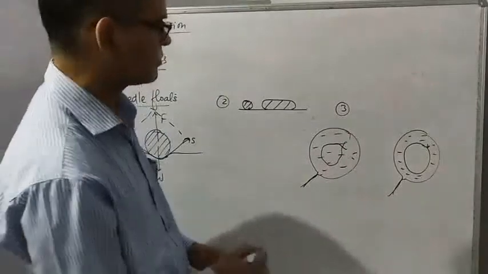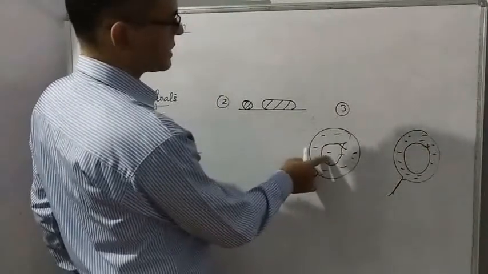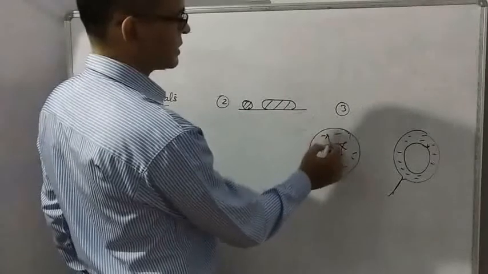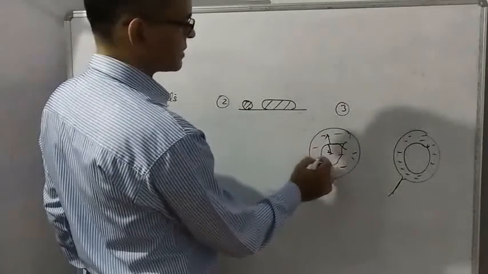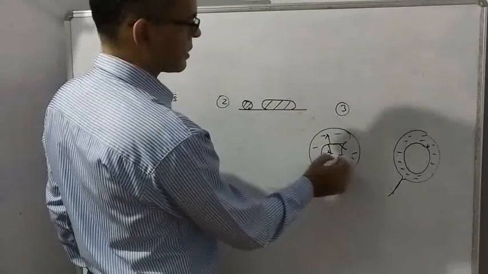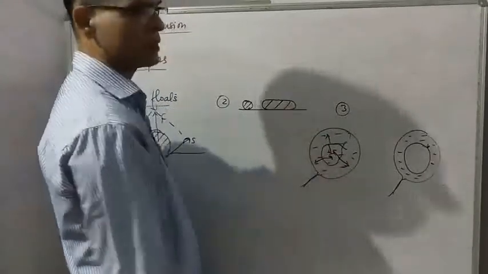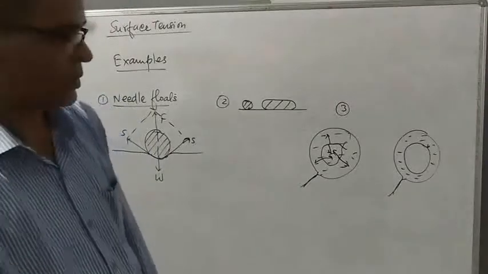See the reason. Film is present here, film is present here. So surface tension acts in this direction, and surface tension in this direction. So the resultant force acting on the thread loop is zero.